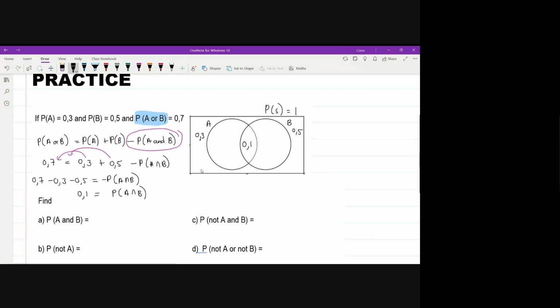But now let's remember what we know. If the probability of the whole of A is 0.3, 0.1 has already been accounted for. What is the probability of A only? What is the probability over here going to be?